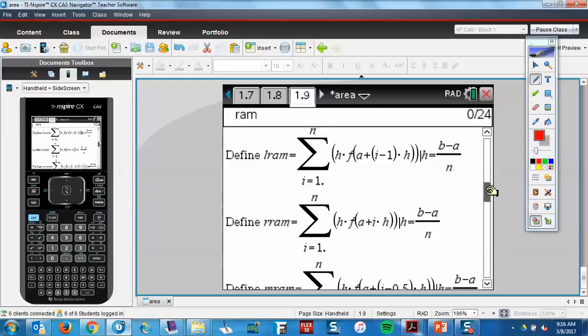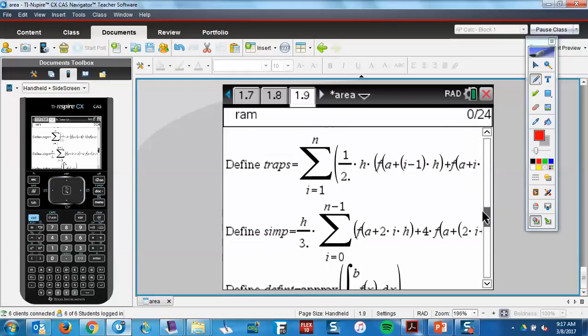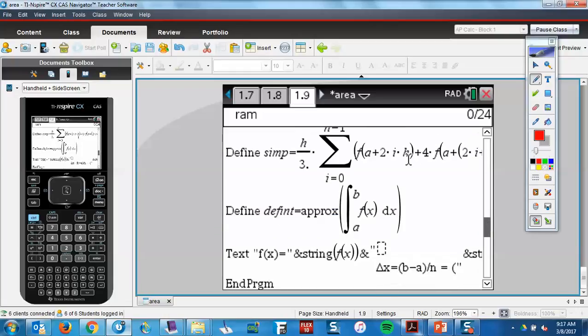And here's your right rectangle, so you can see pretty quickly. Here's your midpoints. Notice they take off 0.5, so that takes off half the interval, and that gives you your midpoint. Here's your trapezoid. You can kind of see the f of a plus I minus 1 f of a. So it gets those, and then it does Simpson's in here. You can see your 4. You can't see the rest of it there, but anyway.